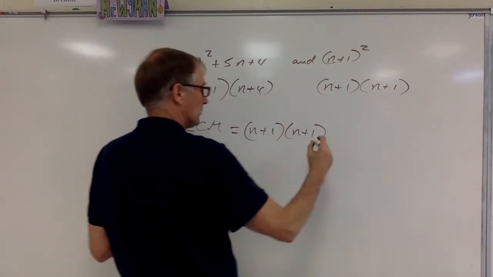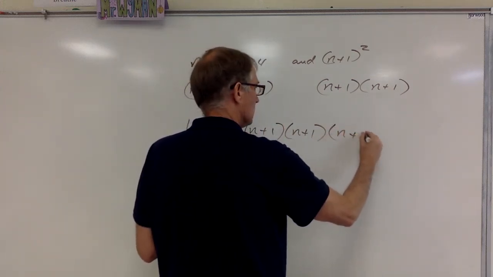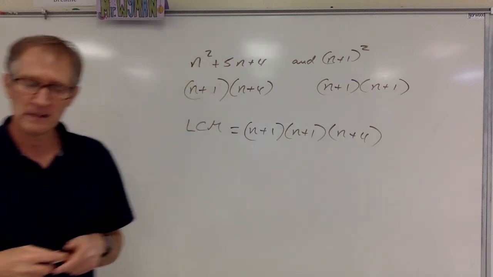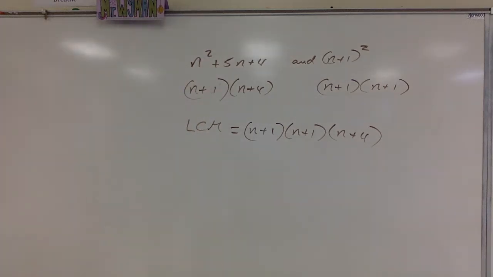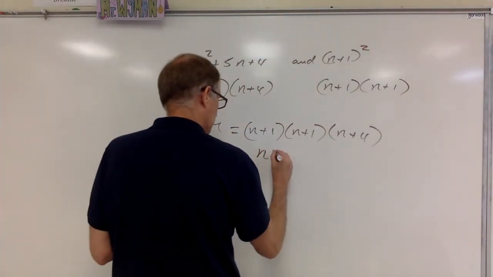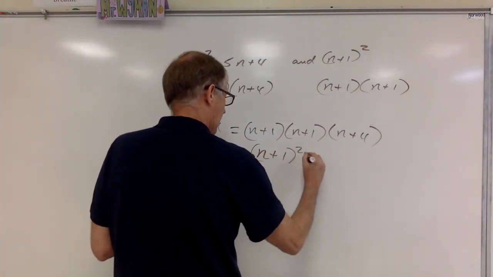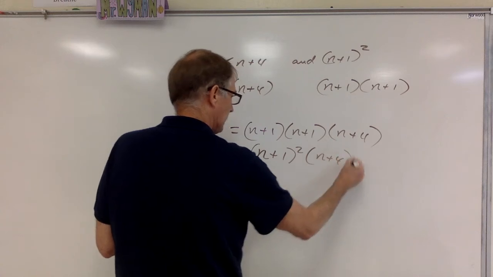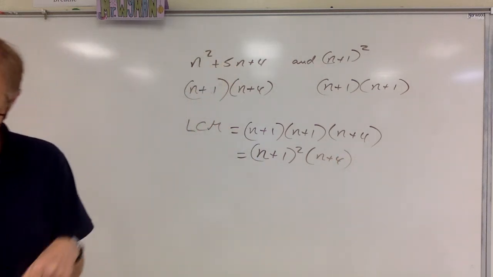And this one occurs once over here. That would be your least common multiple, which the only way you would simplify this is n plus 1 squared, n plus 4. That's not really all that important in this lesson.